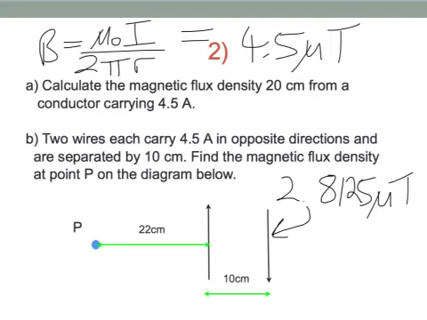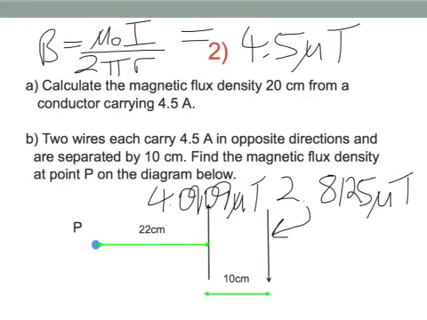Doing the same calculation using the same formula for this closer wire at 0.22 meters for the radial distance, you would calculate 4.0909 microteslas, taking all the figures at this stage. Now, the question is what do we do with these figures? Do we add them or subtract them?